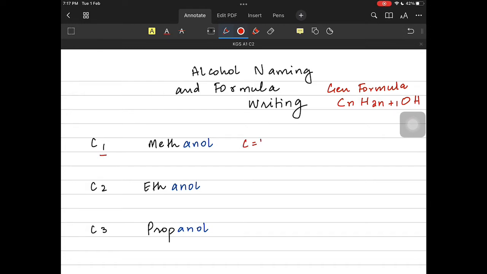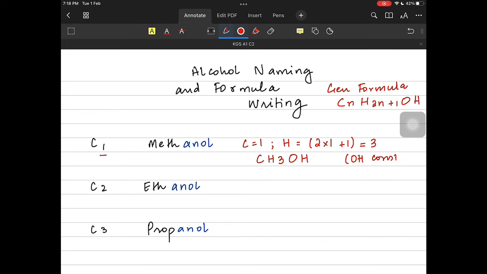For meth, it's going to be 1. So if carbon is 1, hydrogen should be twice plus 1, which means 2 times 1 plus 1, which becomes 3. So the formula becomes CH3. We don't write a 1 with the carbon, so CH3, and OH is a constant functional group.